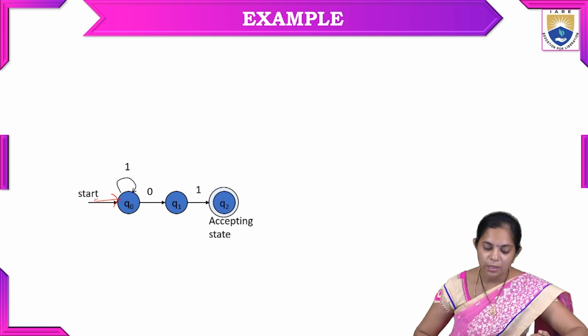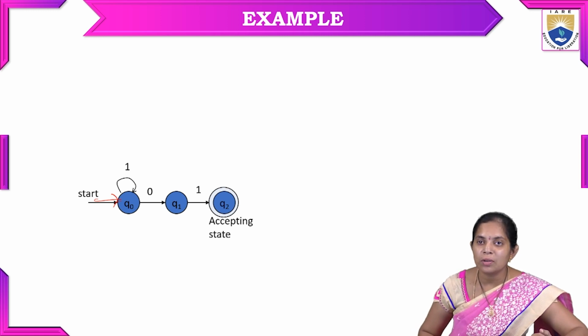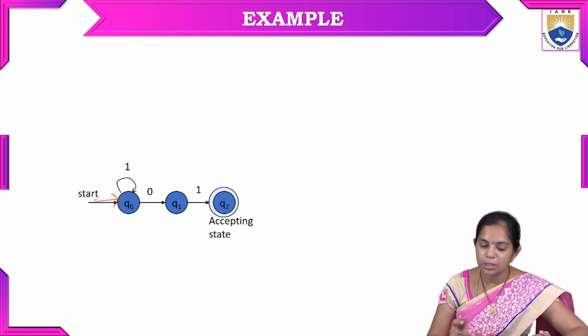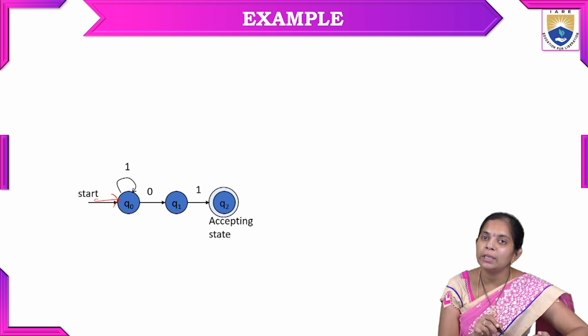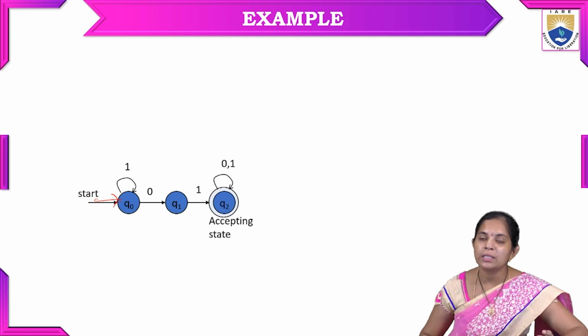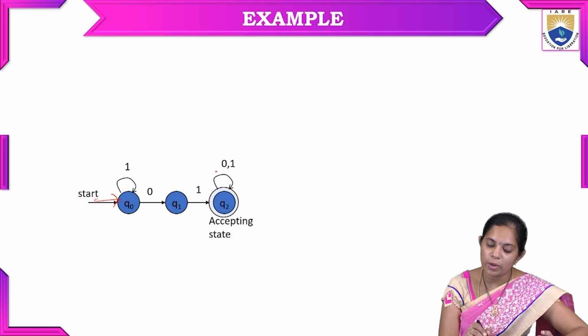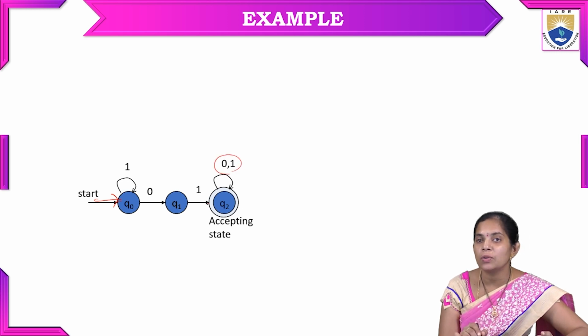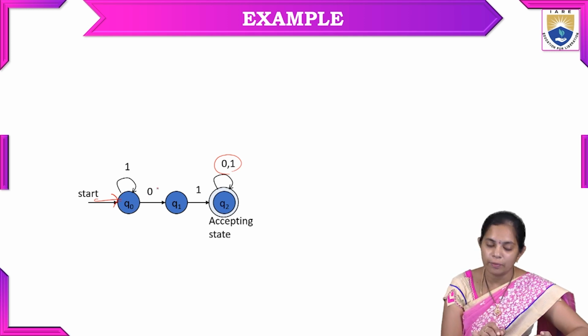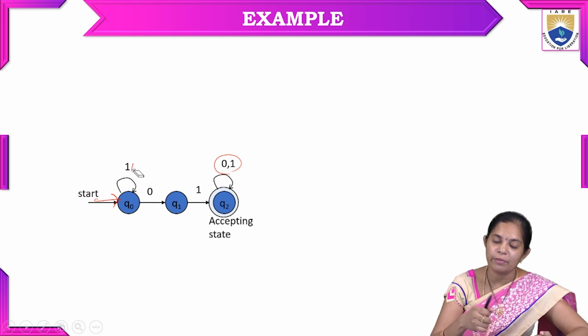Since the string may start with 0 or 1, 0 is already there and we need to find 1; if we give 1 at the start, it should be a self loop. Also for the last state, because either 0 or 1 can follow. If you observe, we give 0 to only one state and no other 0 here, because it is not an NFA.